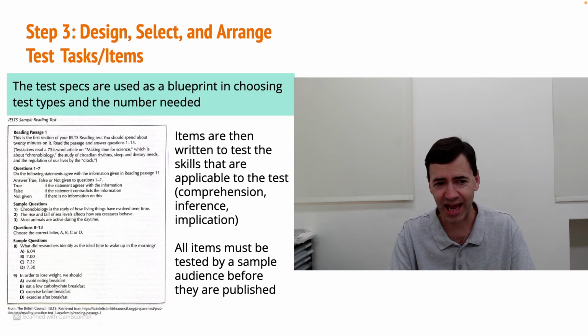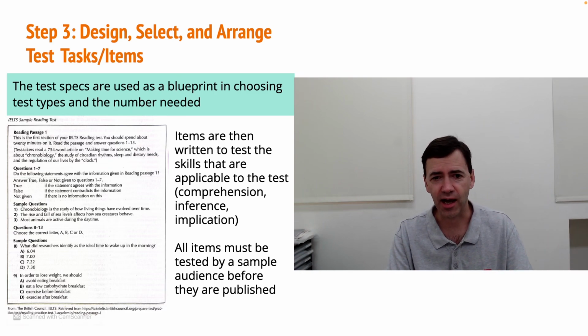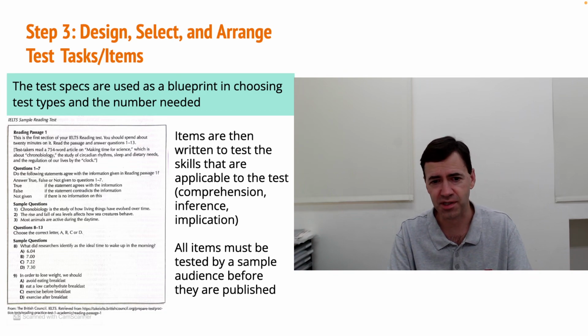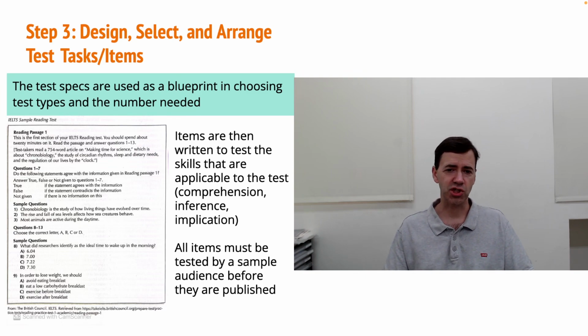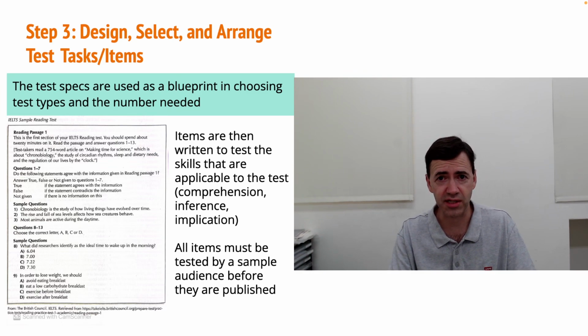So then after this is drawn up or written down, then the items are written to test the skills that are applicable to the test. So comprehension, inference, and implication. And all items must be tested by a sample audience before they're published. And I mentioned in chapter 3, when we talked about designing your own test items, that you also need to test yours.